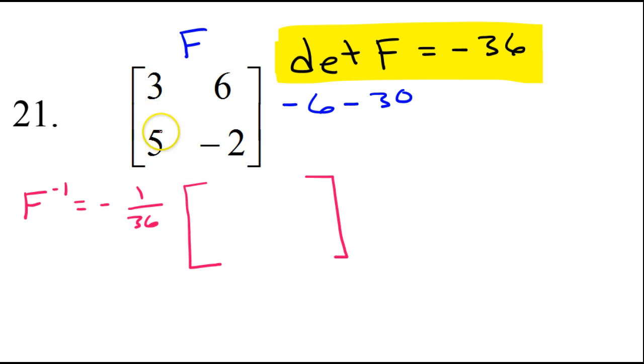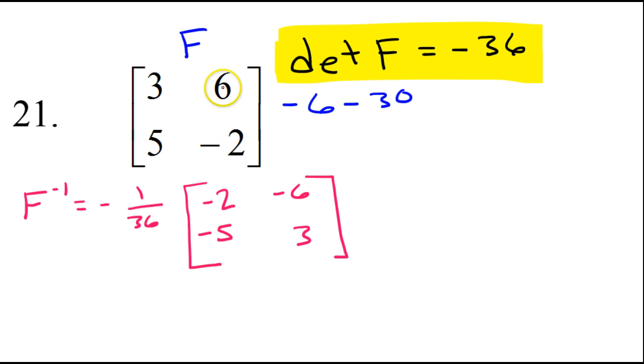Okay, reverse negate. What am I talking about? The down diagonal we reverse. That means we put the -2 here and the 3 here. The up diagonal we negate. That means we're going to put the -5 here and -6 here. We didn't move those, we just changed the signs.